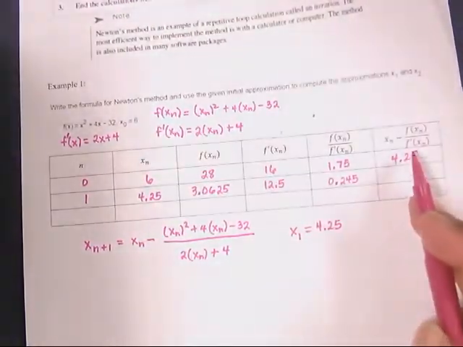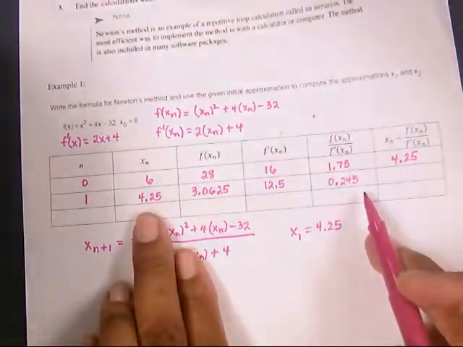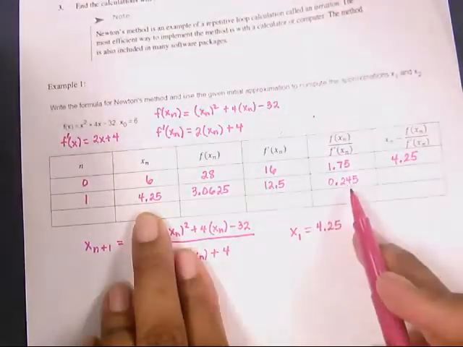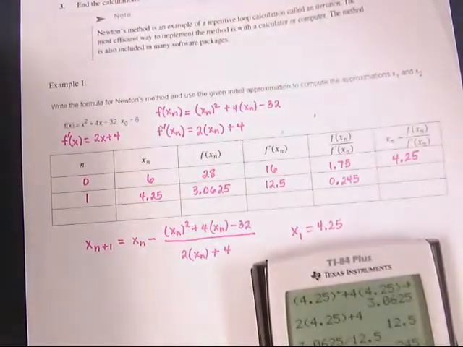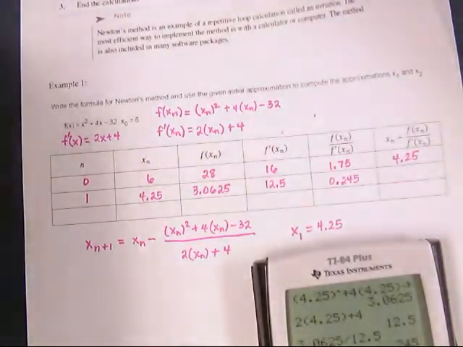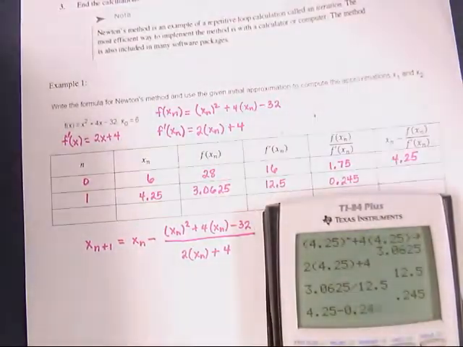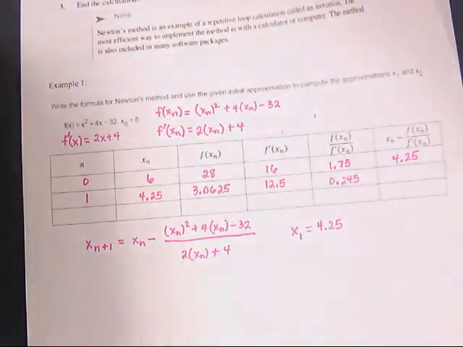And now for the x sub n minus f of x sub n divided by f prime of x sub n, here your x sub n, that's the 4.25, and then we're going to subtract 0.245 from 4.25. And I get 4.005.